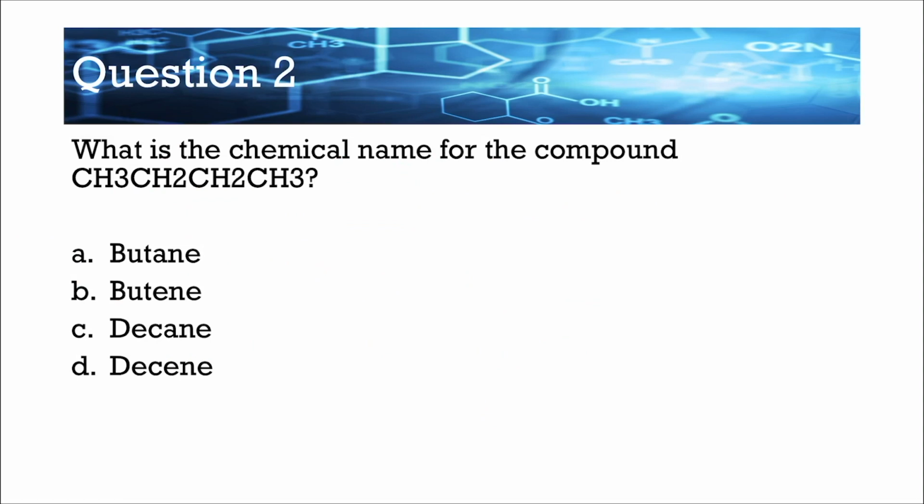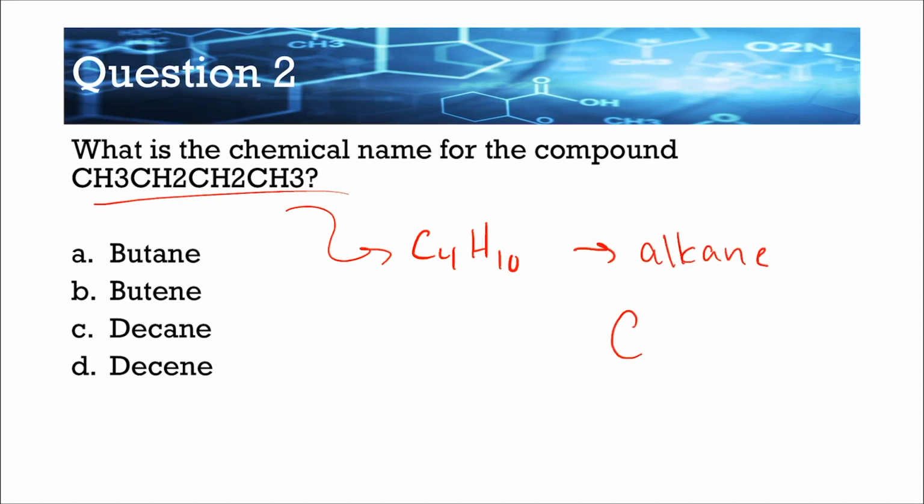Number 2, this says what is the chemical name of this compound? You can do this a few different ways. The easiest way is to just write the formula for this. There are 4 carbons and 10 H's. So this follows the alkane formula, which is CnH2n+2, which comes directly from table Q. For alkanes, for every number of carbons, you have 2 times that plus 2 as the number of H's.